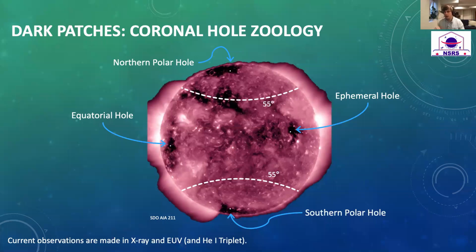These again exist in the equator, but they only last for a few days. One area of active research that I'm doing is trying to understand, are they all made by the same mechanism? Do the polar holes, the equatorial holes, and the ephemeral holes all have the same formation mechanism, or do they have some different origin stories where they appear slightly different from each other?